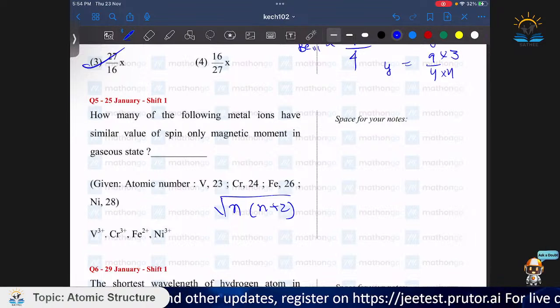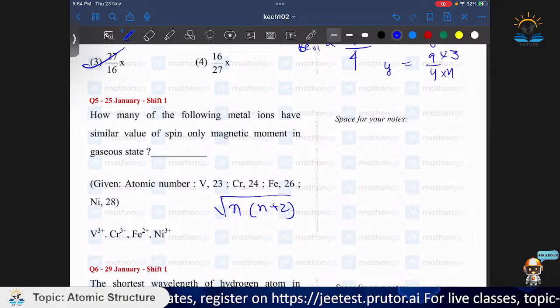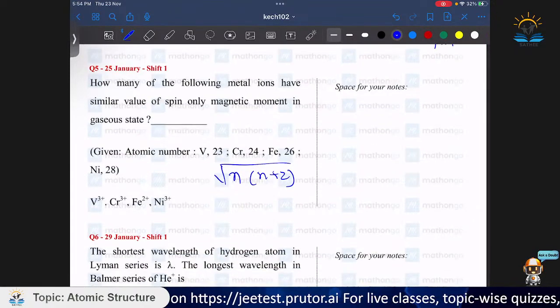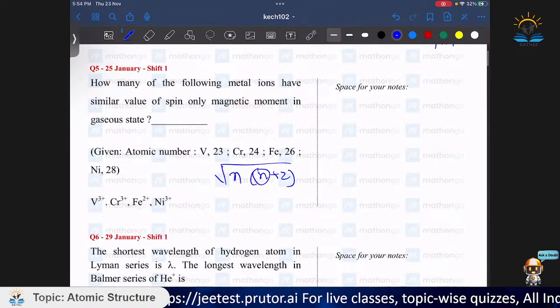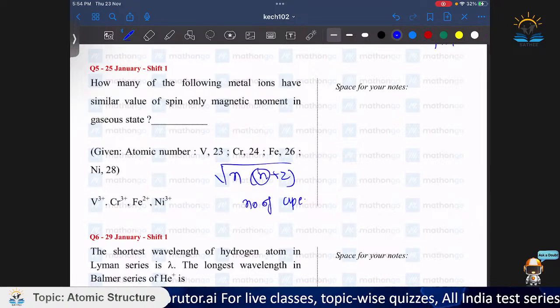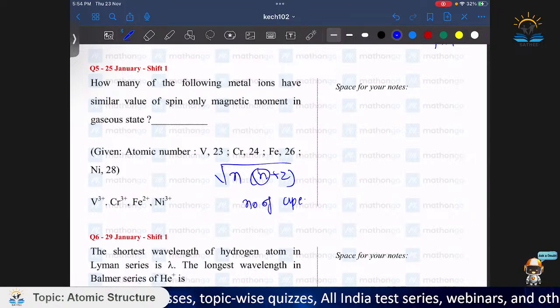Vanadium plus 3, chromium plus 3, iron plus 2, nickel plus 3. They are asking us for spin only magnetic moment. So n is number of unpaired electrons. So for unpaired electrons, let's see. Vanadium, chromium, manganese, iron, cobalt, nickel.